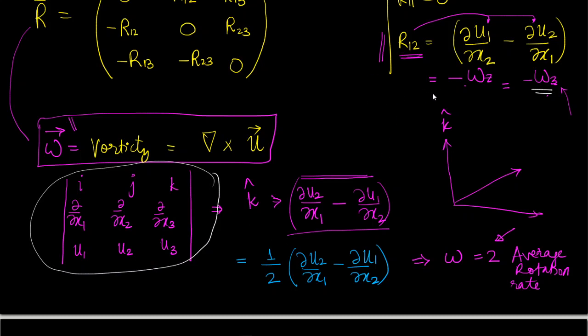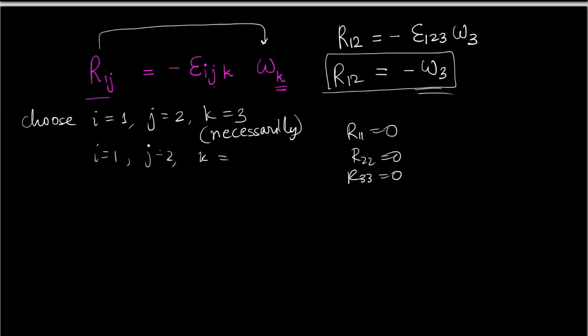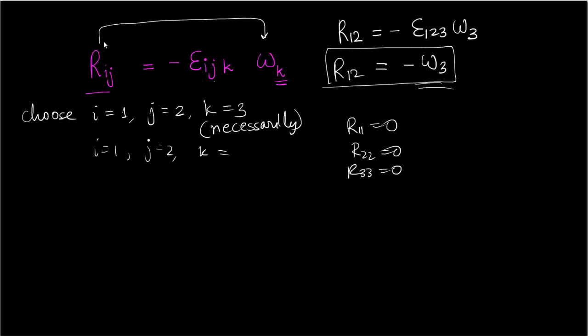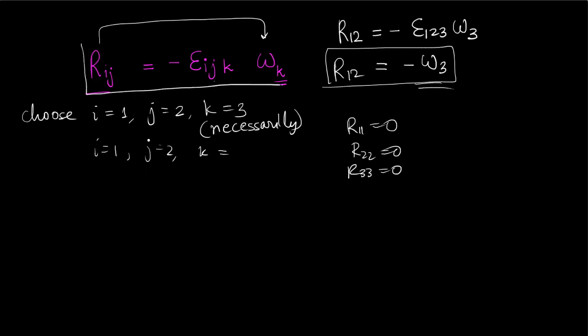So essentially, in the end, what do we have? The average rotation rate is half the vorticity. That relationship is still true. All that sign business needs to be done through this particular relationship.